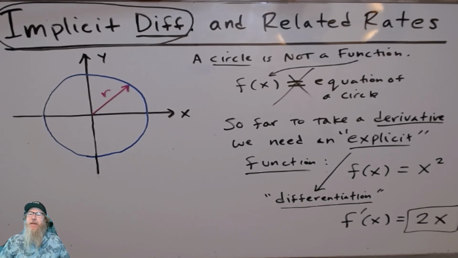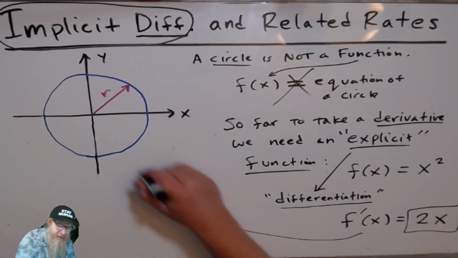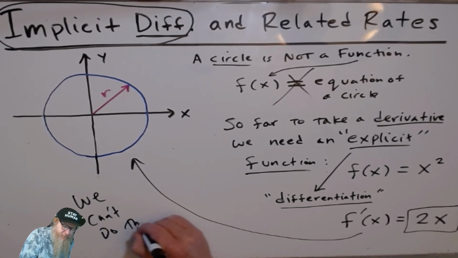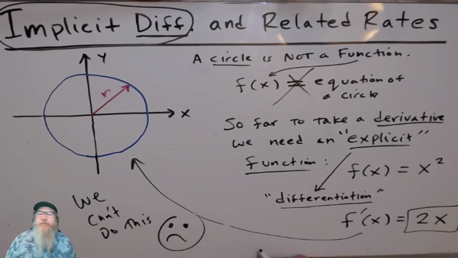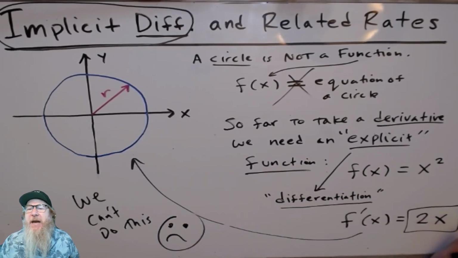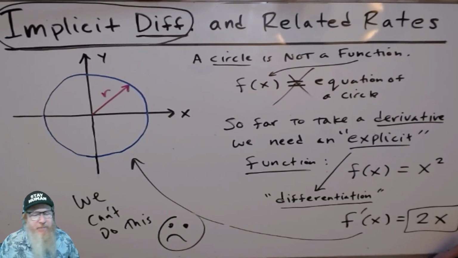Okay. Now, we can't do that for a circle. And that makes us very sad. Especially since a circle is such a fundamental shape in mathematics, in nature. You can't go very far without seeing a circle, right? You see them probably 100 times a day, you see a circle somewhere.